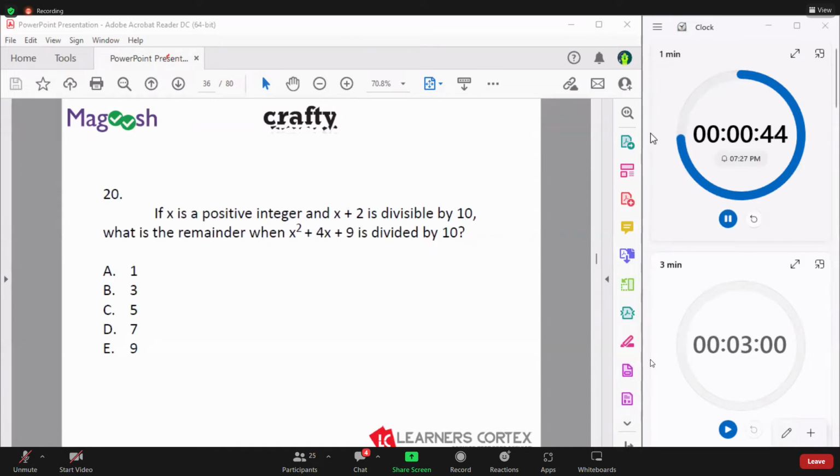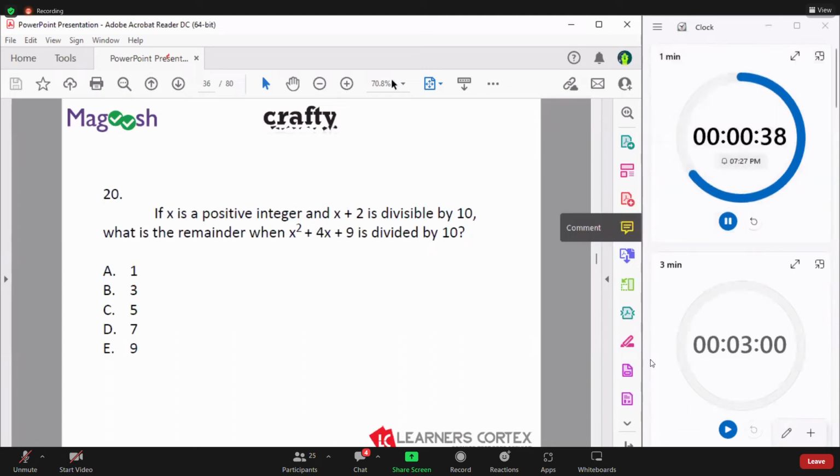Yes, Pratusha, would you like to help? So it's given that x plus 2 is divisible by 10. So obviously the square of x plus 2 will also be divisible by 10. Yes, good. After squaring, we get x square plus 4x plus 4.